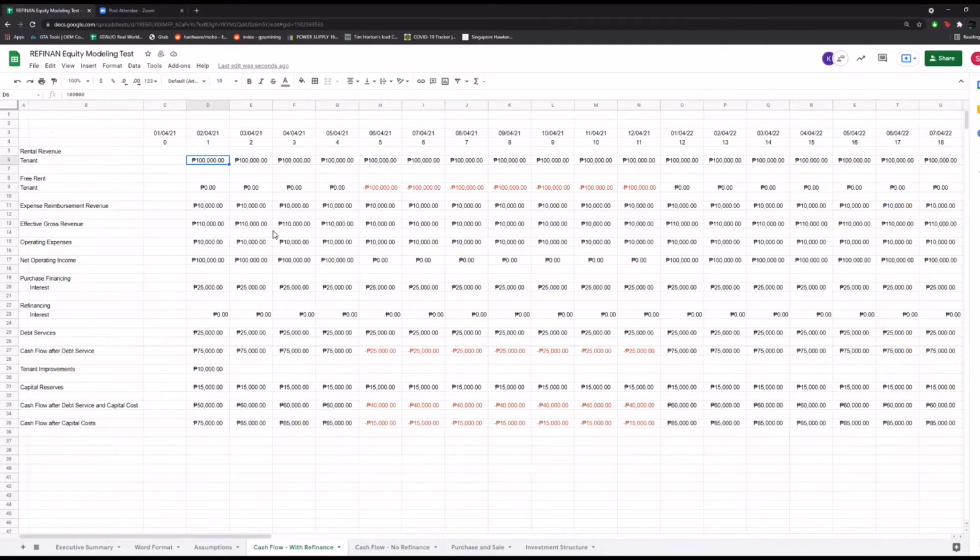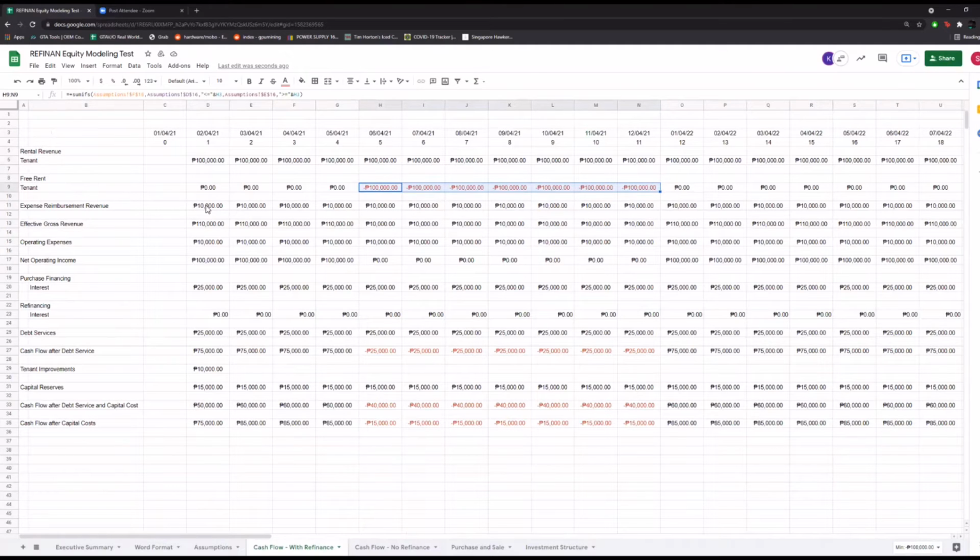And next, we indicated free rent. Basically, this is a discount or a benefit to the tenant. We gave them free rent for 6 months, starting at the fifth month all the way until the 11th month of the first year.